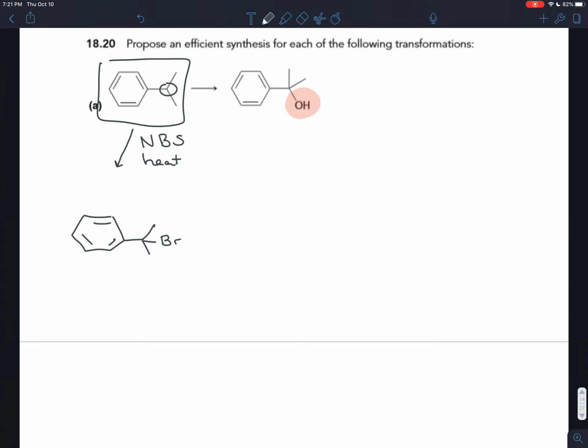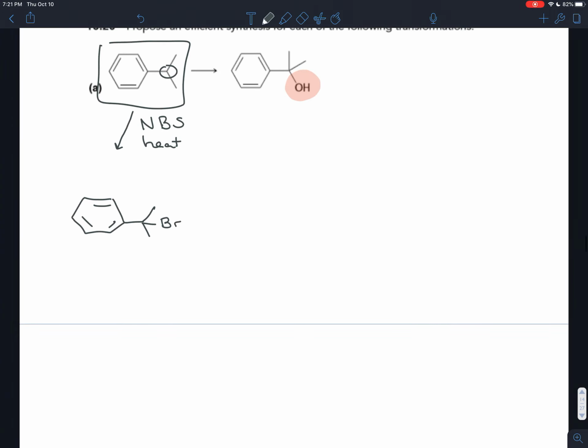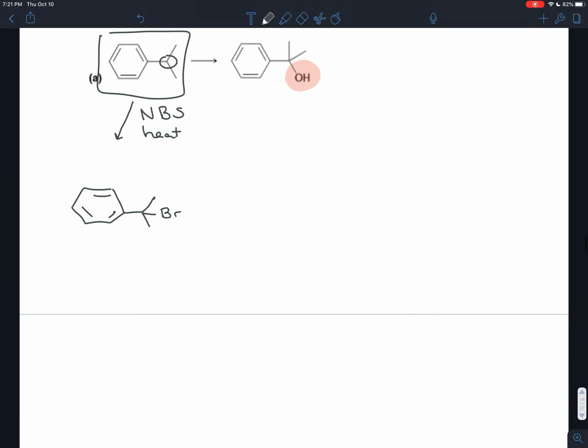So we want to replace the bromine with an OH, but not with an SN2 reaction, so we don't want to use a strong nucleophile. If you tried to use a strong nucleophile, like sodium hydroxide, and remember, the sodium here is just a counter ion, the nucleophile is the hydroxide, this may do the substitution reaction, but it may try to steal one of the hydrogens instead.